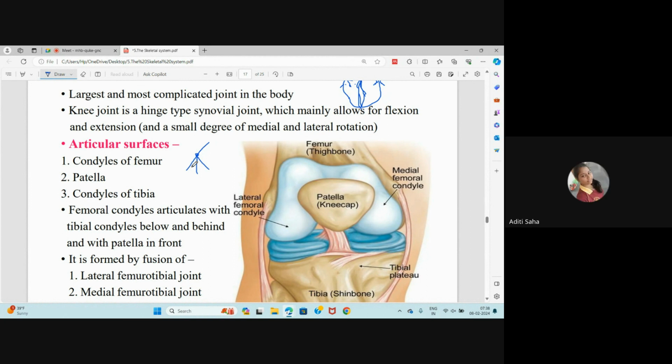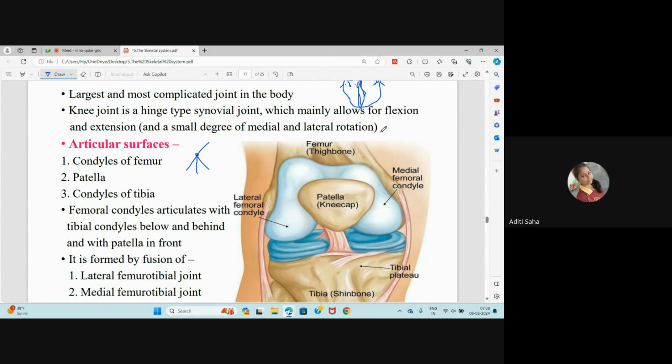Okay. So wherever we find a hinge joint in any portion of the body, the hinge joint is only allowing flexion and extension. So our knee is also providing flexion and extension and a small degree of medial and lateral rotation.